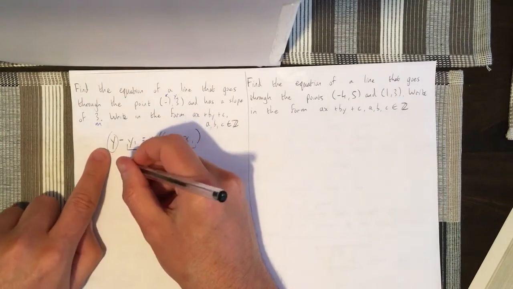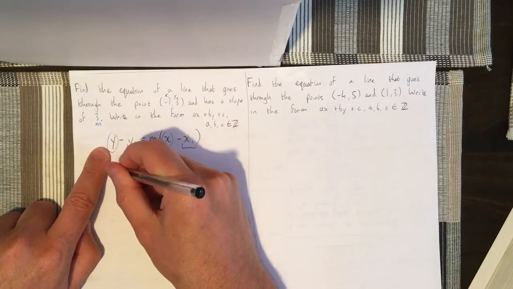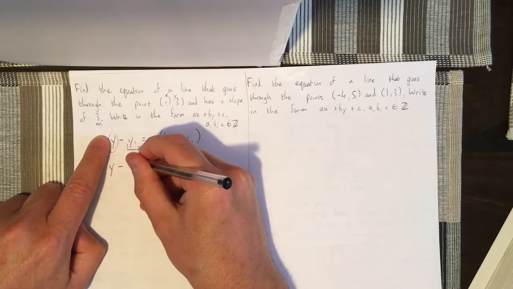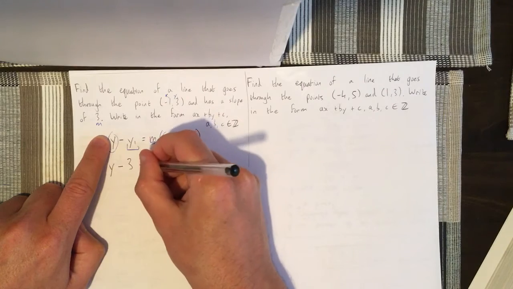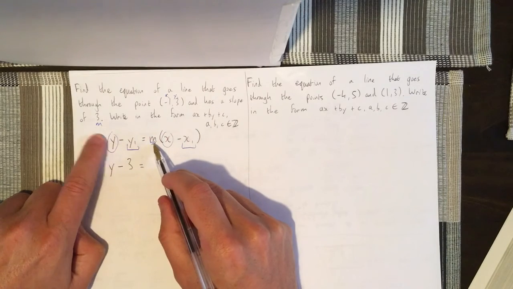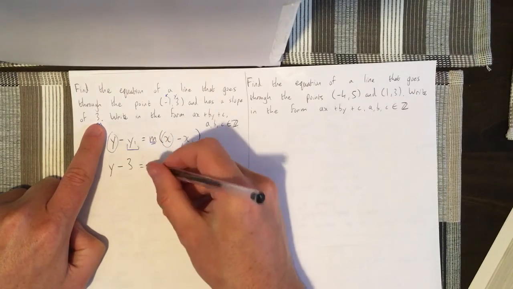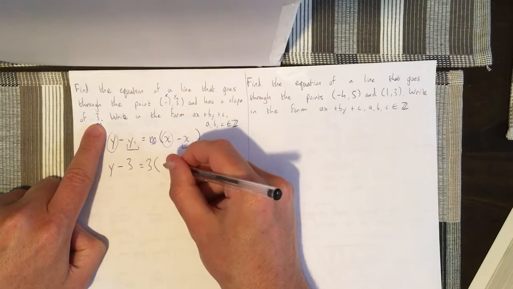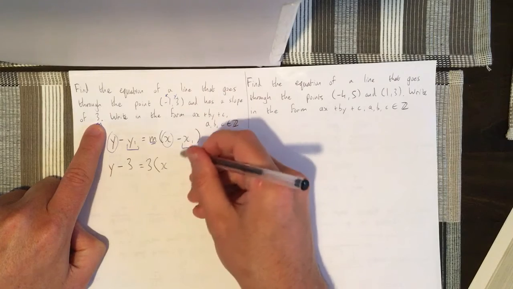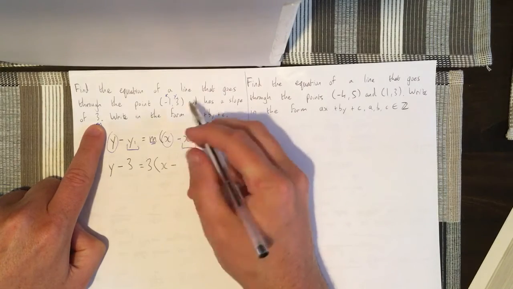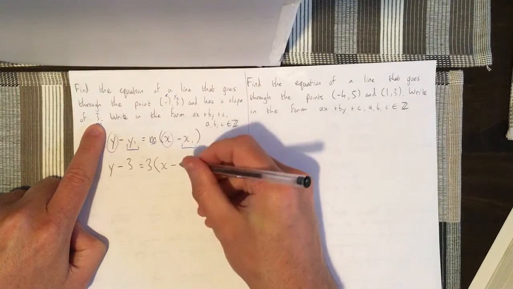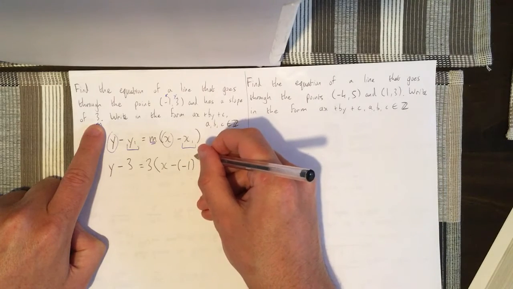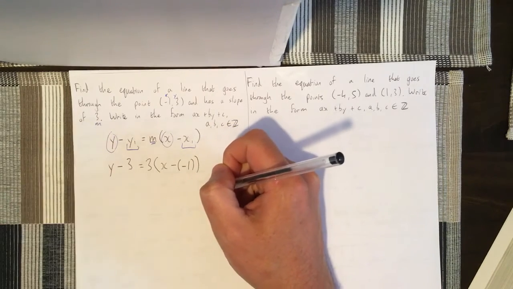So don't sub anything in for y, minus, instead of y1, 3, equals m is 3, that's my slope, on, don't sub anything in for just x, minus, and then my point is minus as well, so minus minus 1, and that's it.